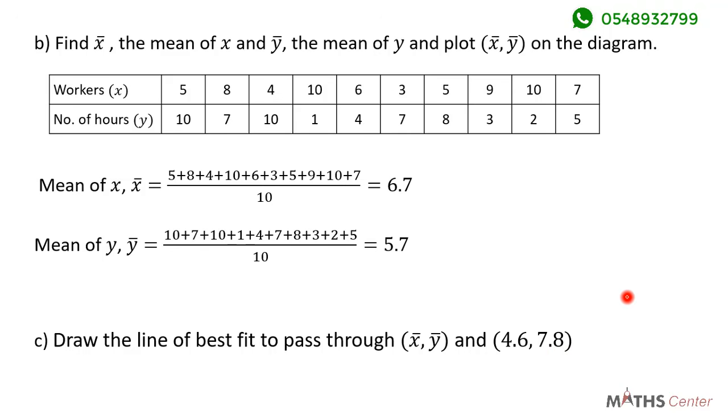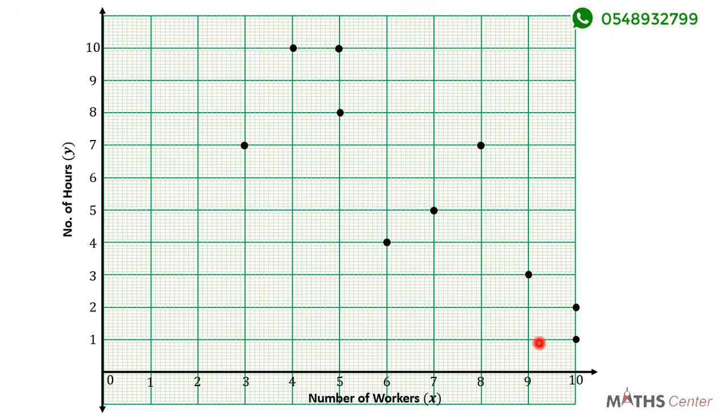Then we will draw the line through those 2 points, because the question said we should draw the line of best fit to pass through x mean, y mean, and 4.6, 7.8. So let's do that. We will plot 6.7, 5.7. That will be here. 6.7 on the x-axis, 5.7 on the y-axis.